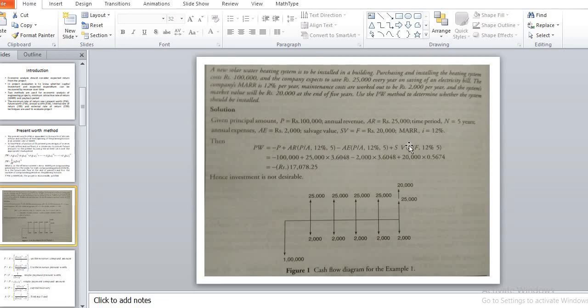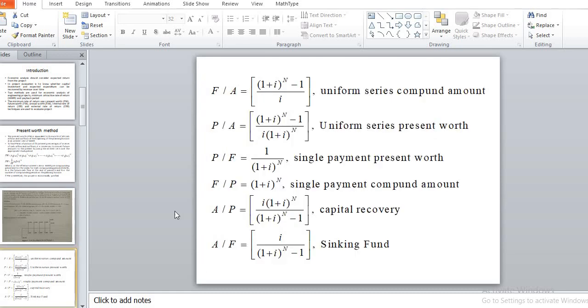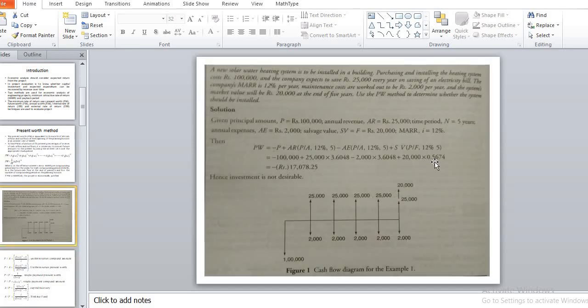Similarly, the P by F single payment present worth factor, we calculate as 1 upon (1 plus i) to the power n, where i is 12% and n is 5 years. By substituting these values, that factor comes as 0.5674.